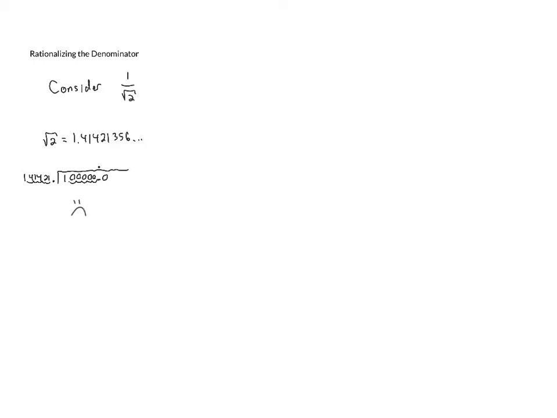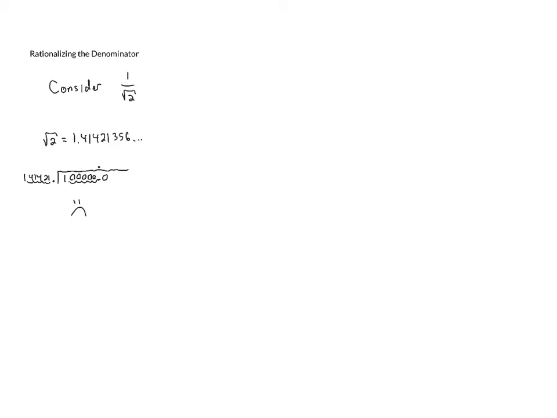So in general, we don't want to end up with a square root in the denominator because actually doing that division, even if we're only picking a few digits to get an approximation, ends up being a lot of work. So we want to somehow change this so that we don't have a square root in the denominator.